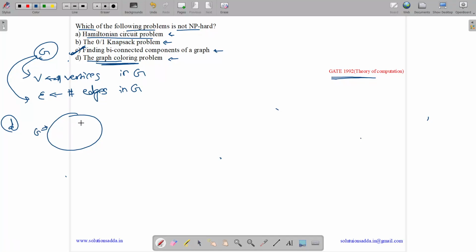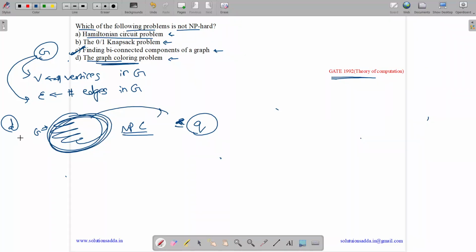The graph coloring problem is an NP-complete problem, as it is asking for the existence of a coloring with less than or equal to q colors, where q is the chromatic number of that graph. Asking for the existence can be checked easily in polynomial time, whether or not it uses less than or equal to q colors. So given a coloring, we can check whether it's q-colorable or not in polynomial time. But the graph coloring optimization problem, which aims to find a coloring with the minimum number of colors, is an NP-hard problem.